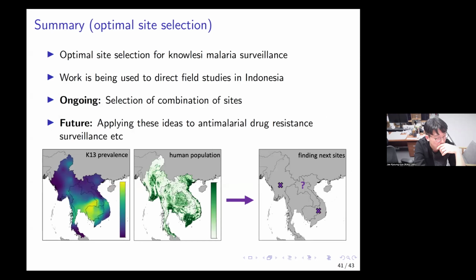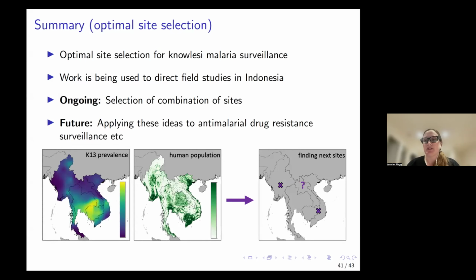Okay, so in summary of the last piece of work, I've talked about optimal site selection for monkey or Knowles-Vine malaria. And this has been used to direct field studies in Indonesia. Of course, it's not just one site that we want to go and collect data at, it's multiple sites. So there's ongoing work looking at how you select multiple sites optimally.